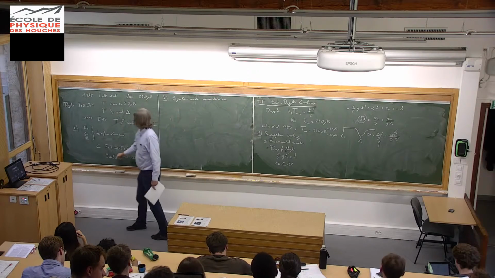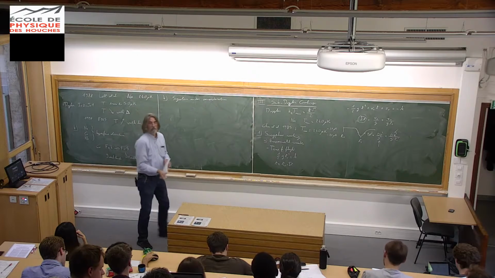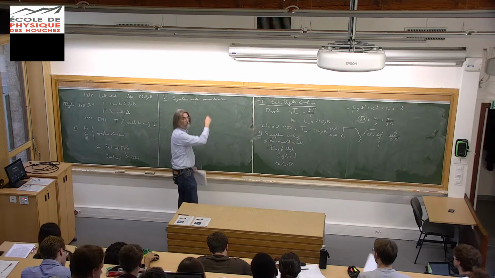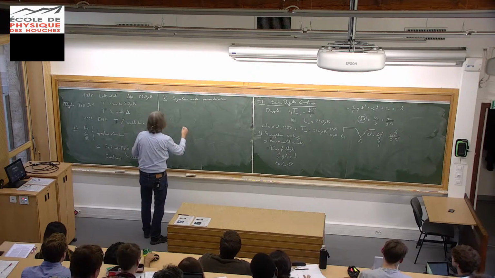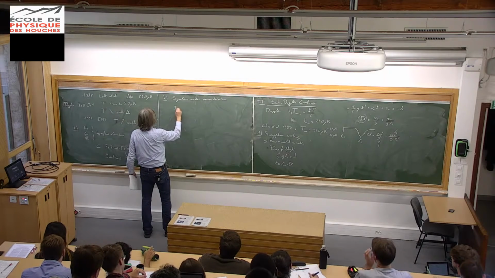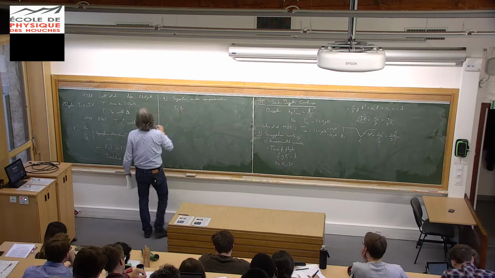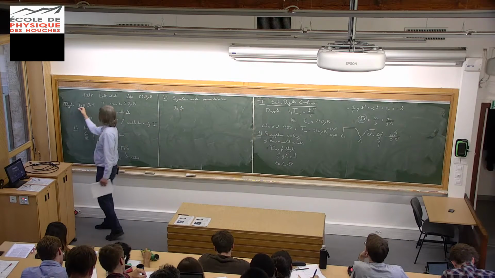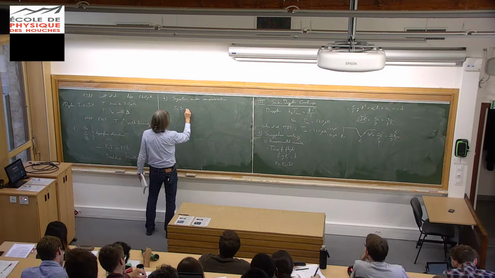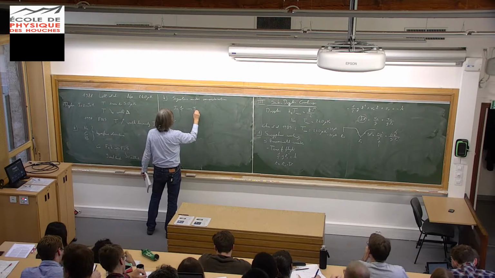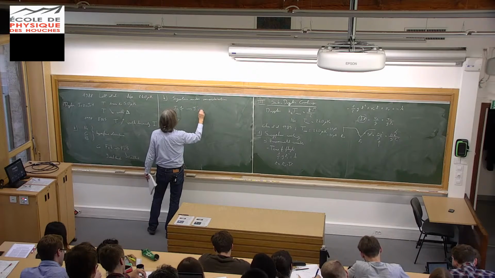I won't treat 20 levels, it took 20 minutes to draw it, so it's too long. So we will consider just the minimum increase for J, which is J equal 1/2, and the same for J prime, which becomes 3/2.